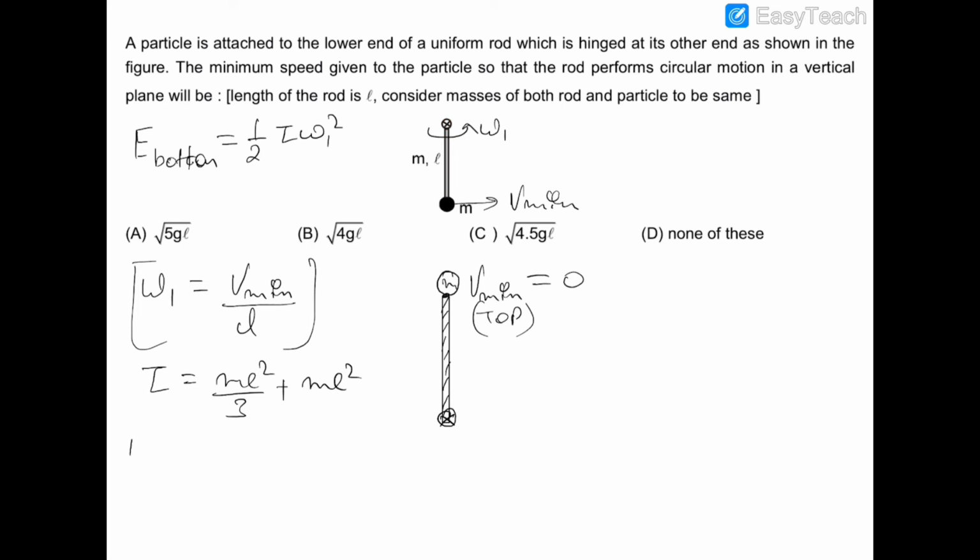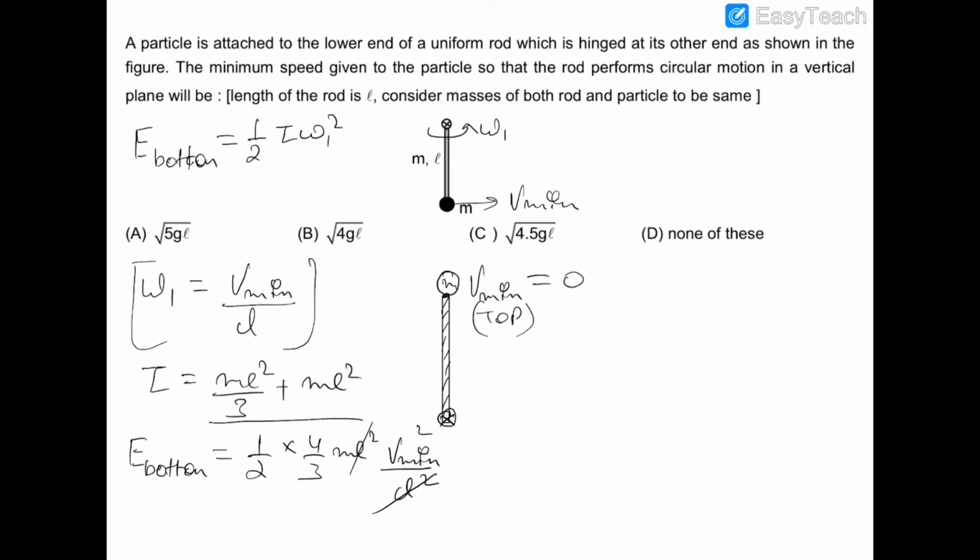So the energy at the bottom is equal to half into 4 by 3 mL square and omega 1, which is equal to V minimum square by L square.